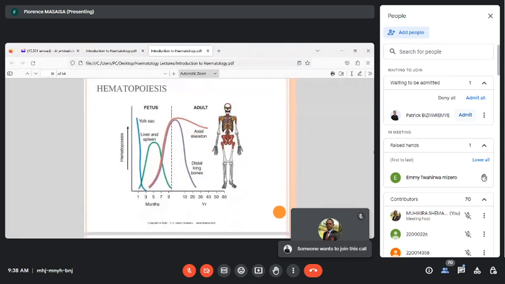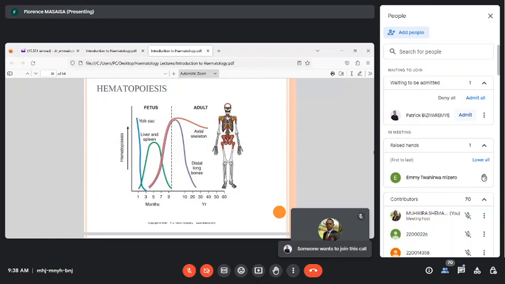So this again is the same image showing now in red which areas of the bones are rich in hematopoiesis. You can see that the pelvis is really rich in cell production.